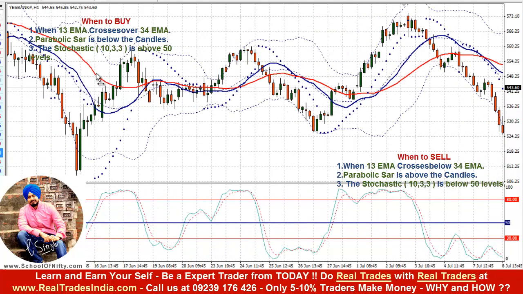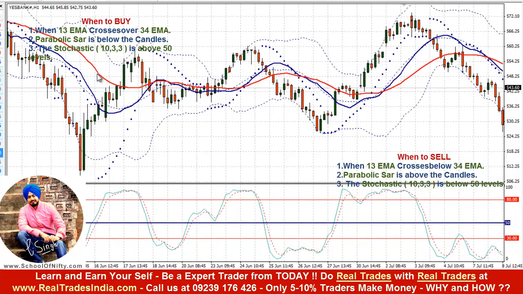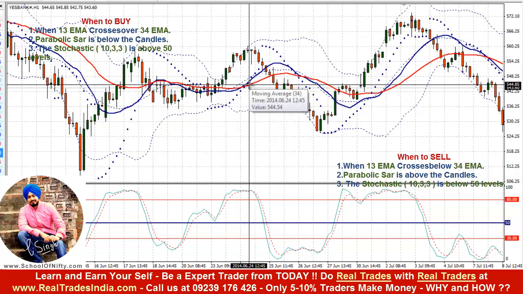And sometimes, guys, the stop loss does hit, which is very normal, and it should not discourage you as long as you make sure you are following the rules. Because if we look over here, the 13 EMA crossed above the 34 EMA and the parabolic SAR is below the candle.